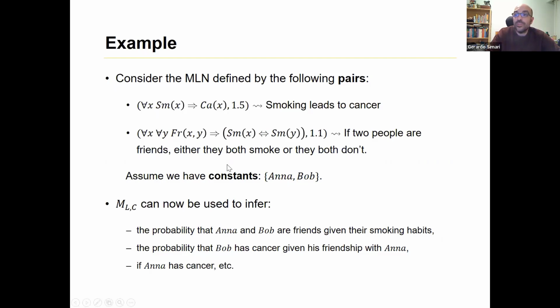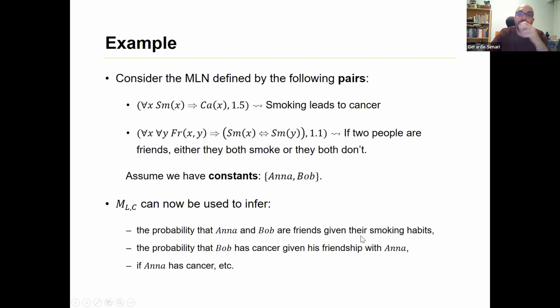So remember that I said that the MLN is comprised of just a set of weighted pairs, and constants. So given constants, now we can get our Markov random field and do some queries. We can ask, for instance, what is the probability that Anna and Bob are friends given their smoking habits?